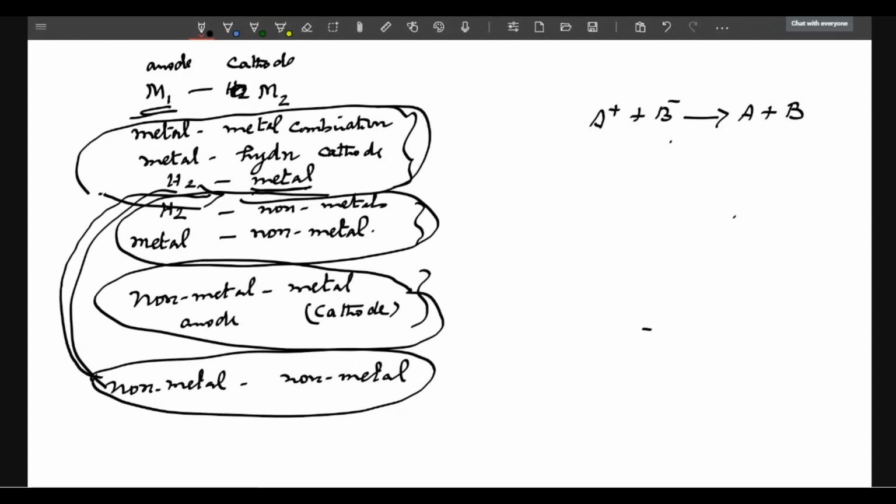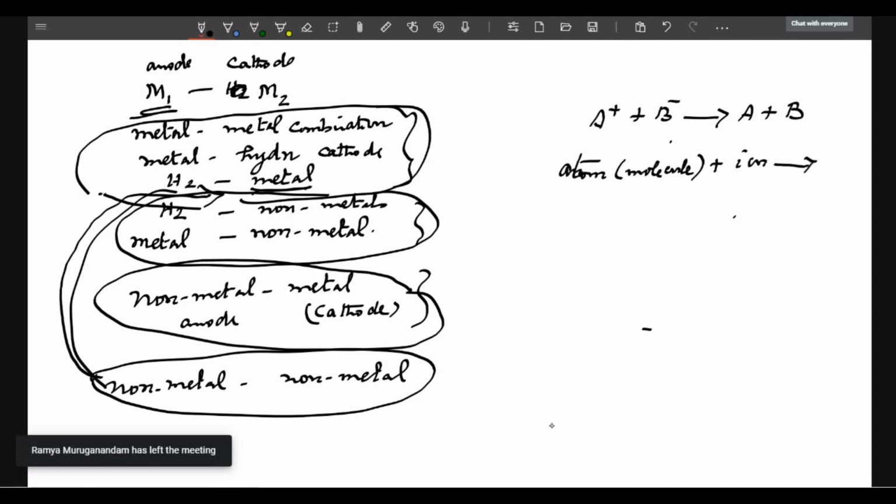3 types of cell reactions I am going to give. One would be A plus B minus giving A plus B, where the reactants consist of ions only: A plus, B minus, or A plus and B plus, anything may be there.